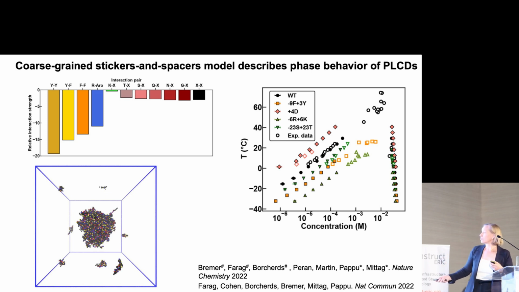And Rohit and Nina, in this case, were able to extract these interaction strengths, here pairwise interaction strength of stickers, and then also interaction strengths of some spacer residues, and can again do these coarse-grained simulations, and we can extract phase diagrams, and the experiments and the simulations fit really well.